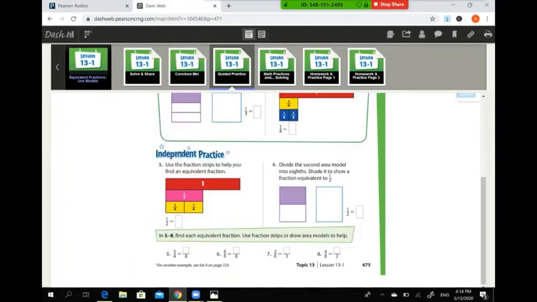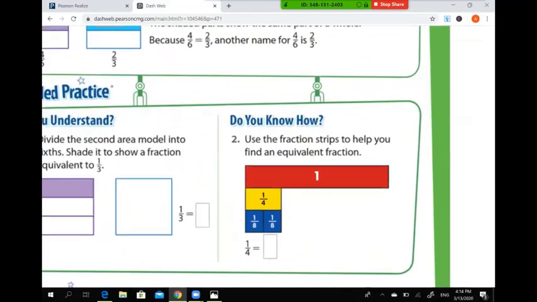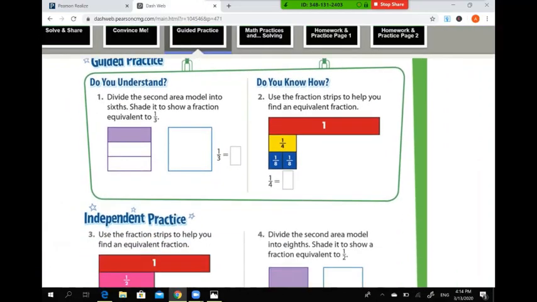Page 675. Question number 2. Use the fraction strips to help you find an equivalent fraction. What is an equivalent fraction for 1/4 using the fraction strips?